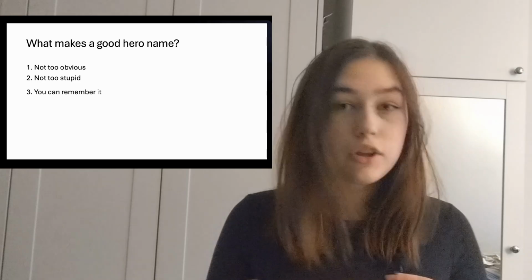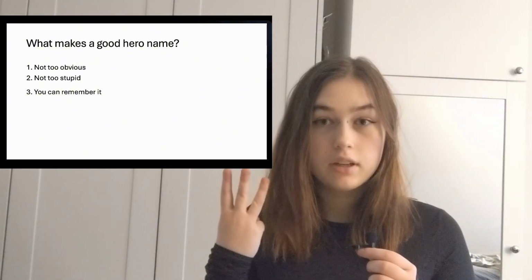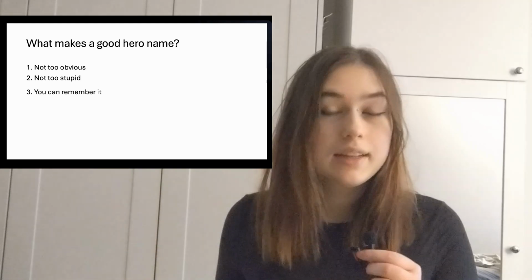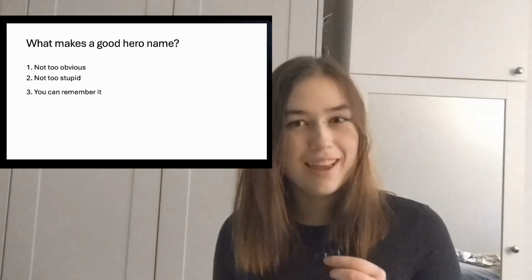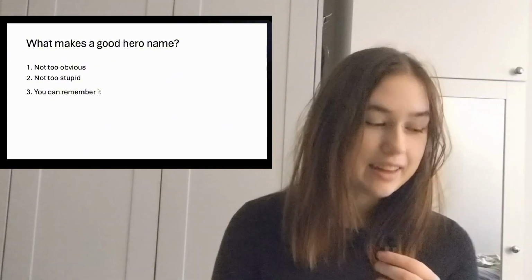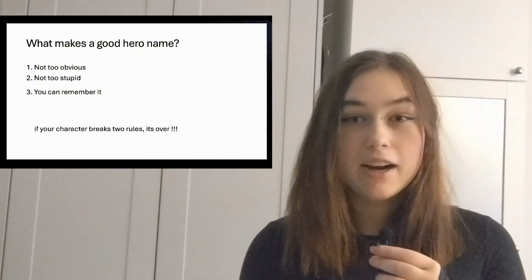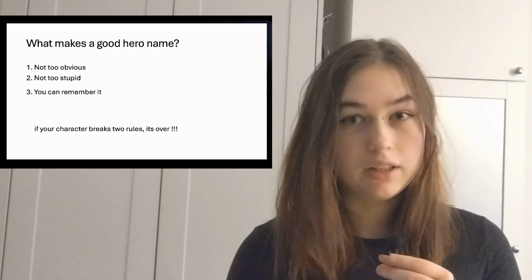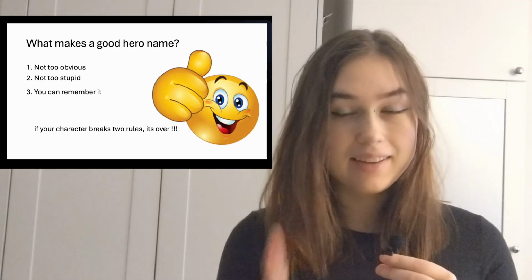So those are the three rules: not too obvious, not too stupid, it's memorable. That can't be too hard, can it, DC? Hooray! Yeah, if your character breaks two rules, it's over. So let's try to avoid that.